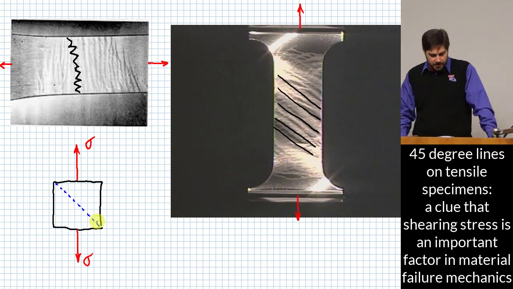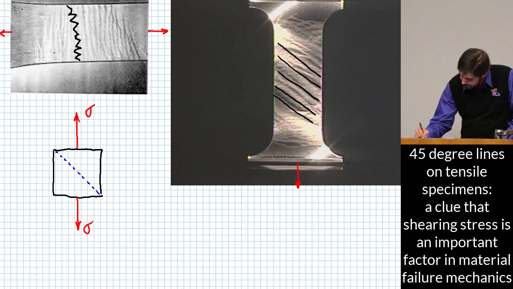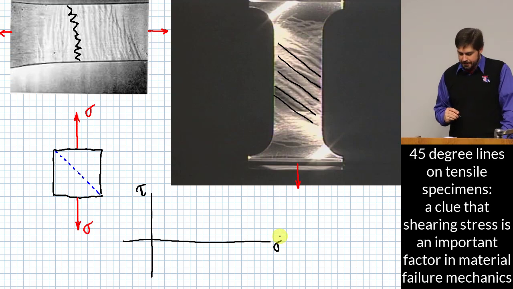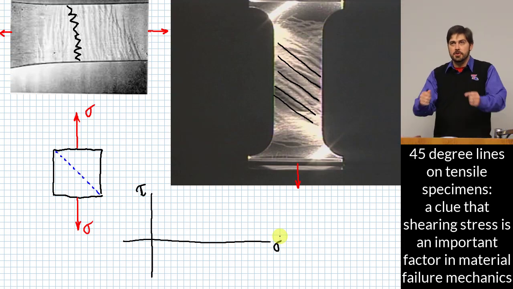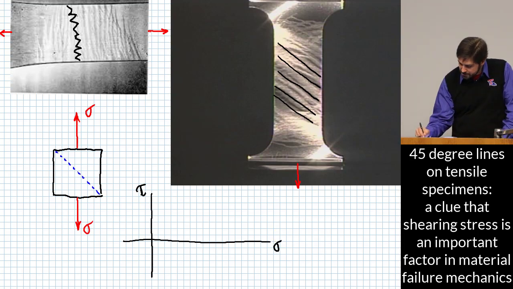All right? If you think about this, let me actually draw the Mohr circles that would be associated with a state of stress like this. You would have your shearing stress up here and your normal stress right here. A tensile specimen has a uniaxial state of stress. Where would I plot my principal stresses on that?